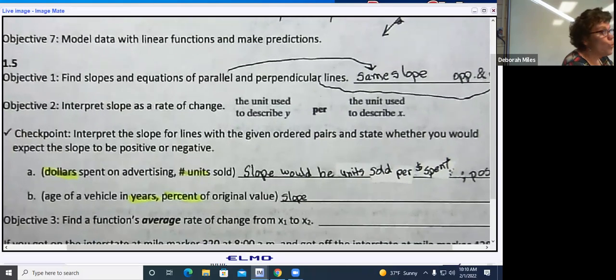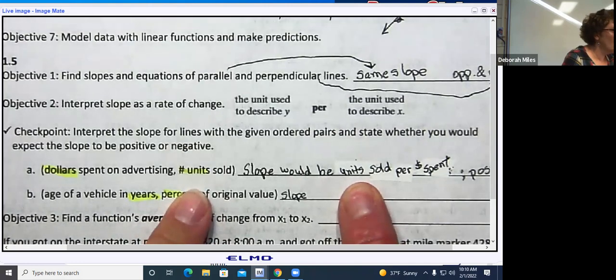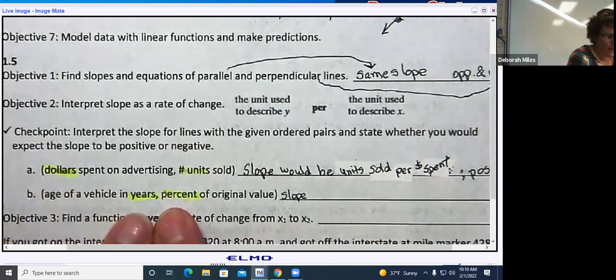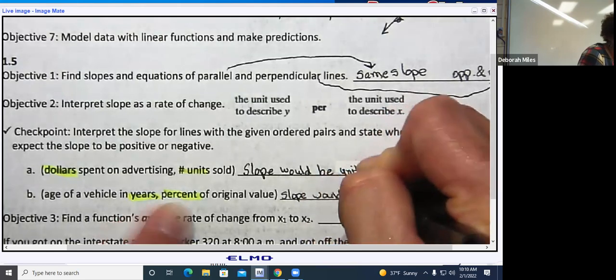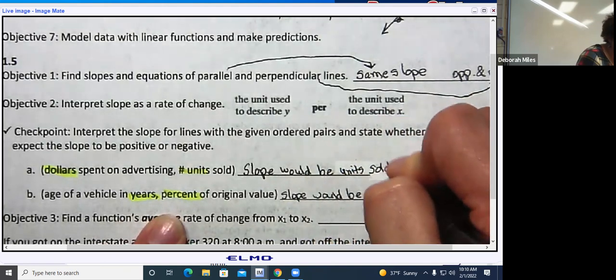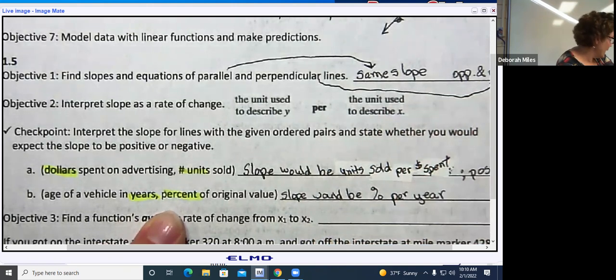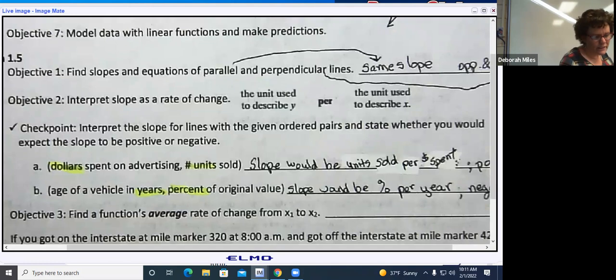In the slope formula, the Y's are on top, so the units of your Y's are on top, and then per the units on your X's. So here, the slope would be percent, that's the units on your Y's, per year, that's the units on your X's, and you said you would expect that slope to be negative because as the years go by, your car depreciates in value.